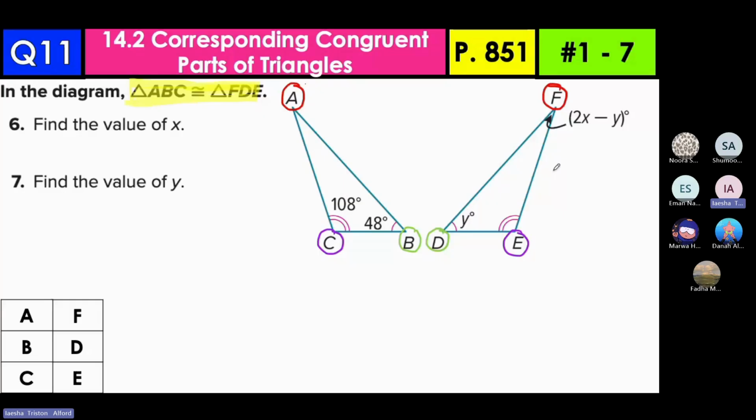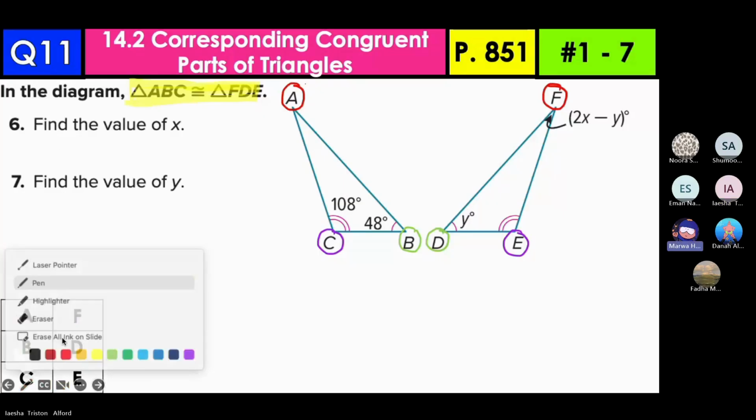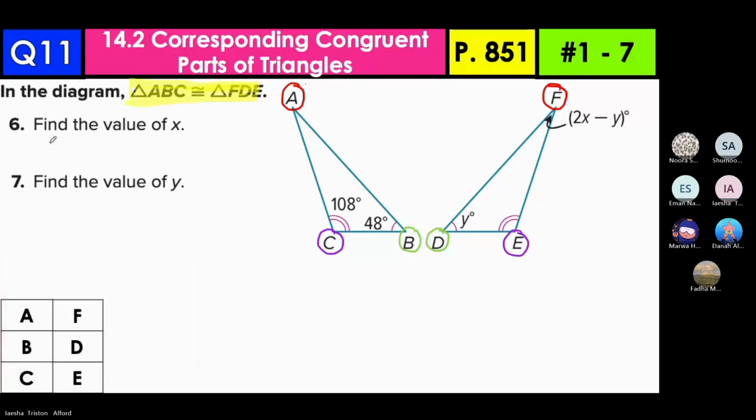Where is y? Inside or outside? Inside. Okay, so if we want to find the value of y, we're looking inside the triangle. So what number should be the y? 180? Nope. 108, sorry. Nope. Y is matching with, sorry, 48.